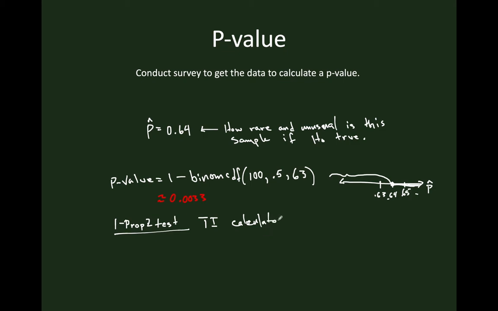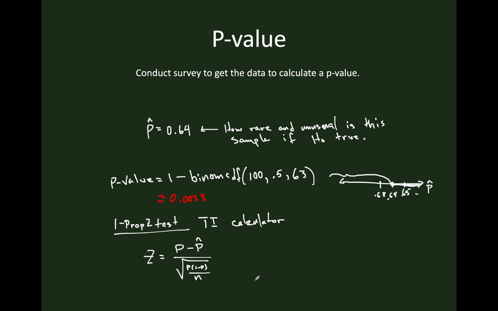Now, the reason it's called a one prop z test is because we're going to use a z transformation. If you look in chapter 9, you'll find this formula.